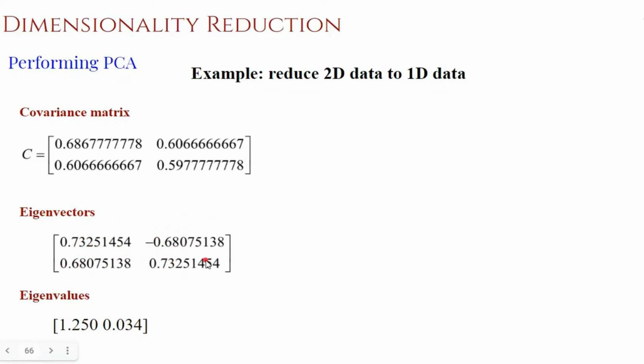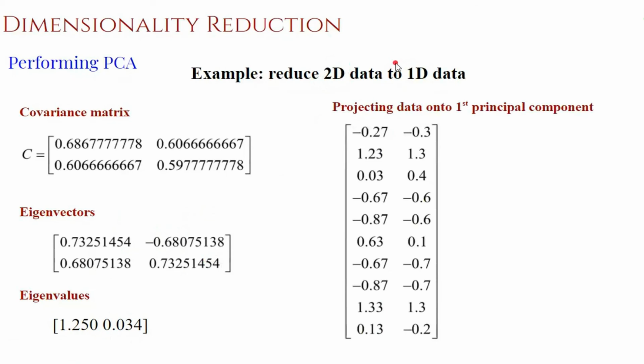So now the question is, we need to reduce two-dimensional data into one-dimensional data. So now projection has to happen. This is our two-dimensional data, which is nothing but the mean shifted data. We estimated from the original attributes, found the mean, and then subtracted the mean from all the values.